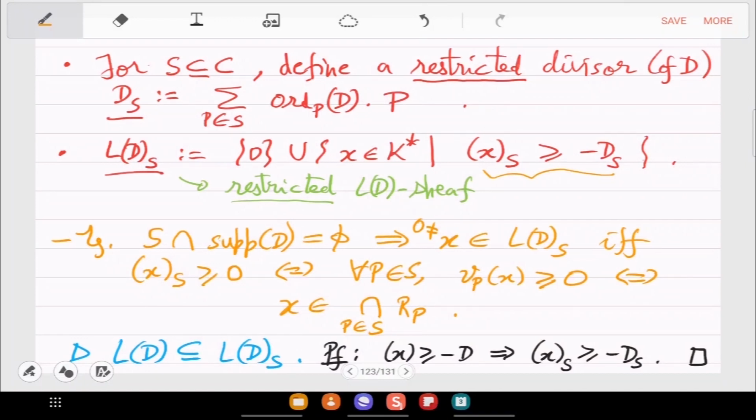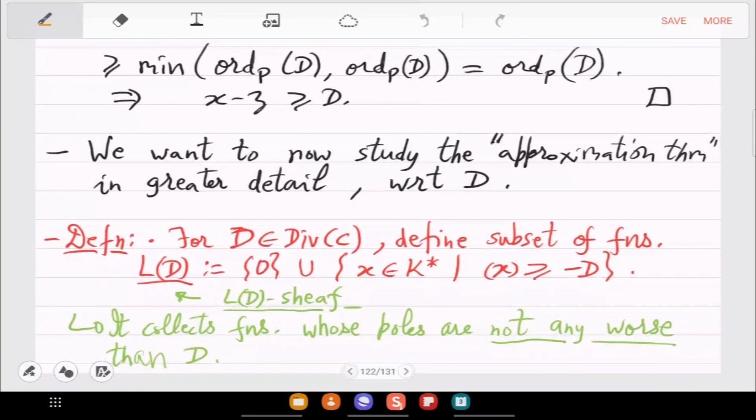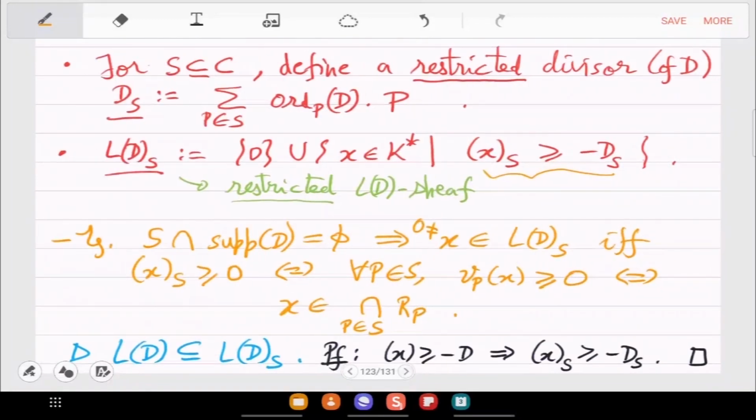This is a statement only for points in S. How do they behave? It is not a statement about points which are outside S. On that it is silent. You may not immediately read it that way, but it's actually what is meant. When you write x on the left, look at the definition of LDS.